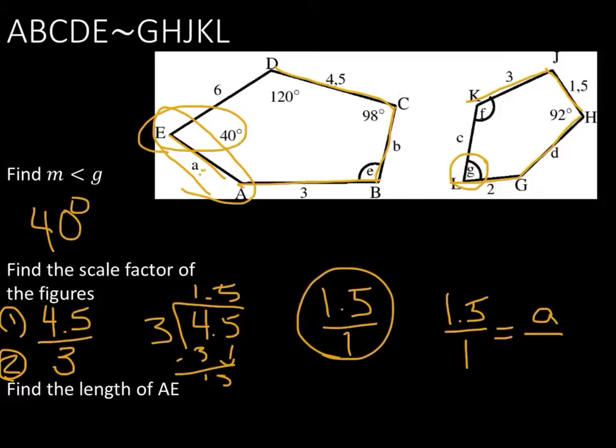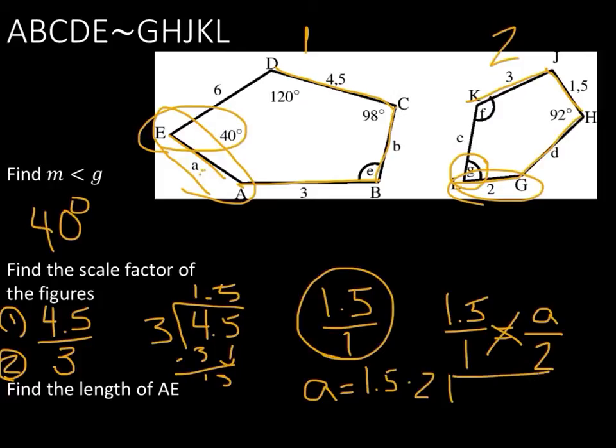That's A, shape number 1, shape number 2, and the corresponding side is 2. So now we can cross multiply and solve. A equals 1.5 times 2, or A equals 3. So the length of AE, this side here, is 3.